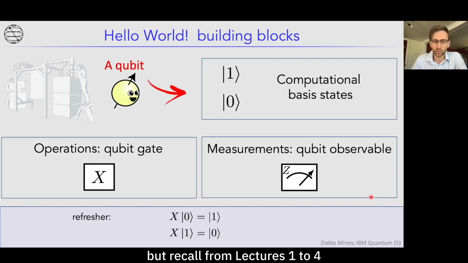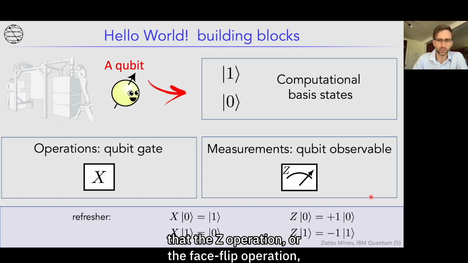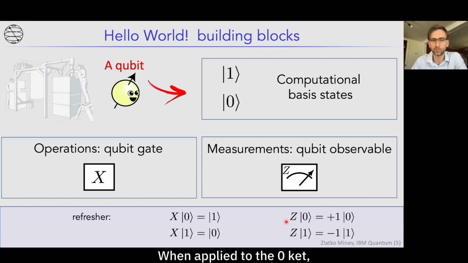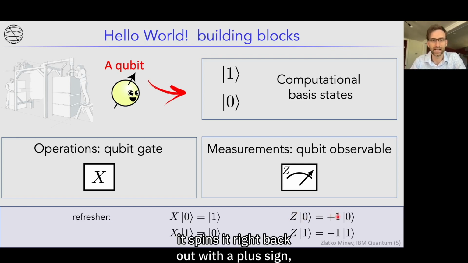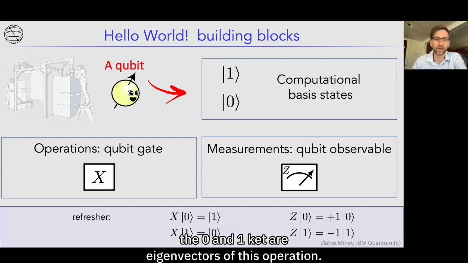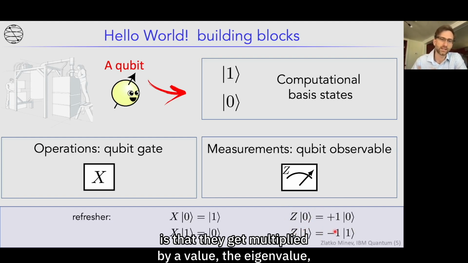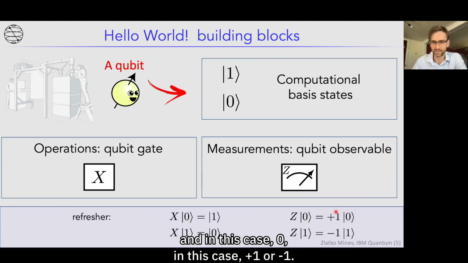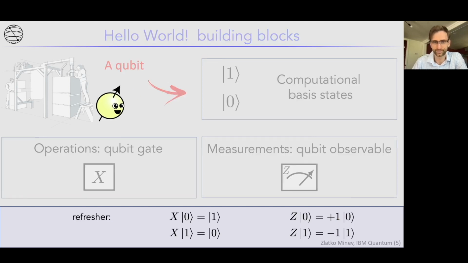But recall from lectures 1 to 4 that the Z operation, or the phase flip operation, has the following property. When applied to the 0 ket, it spins it right back out with a plus sign, and when applied to the 1 ket, it spins it back out with a minus sign. In other words, the 0 and 1 ket are eigenvectors of this operation. They don't change. The only thing that happens to them is that they get multiplied by a value, the eigenvalue, in this case plus 1 or minus 1.